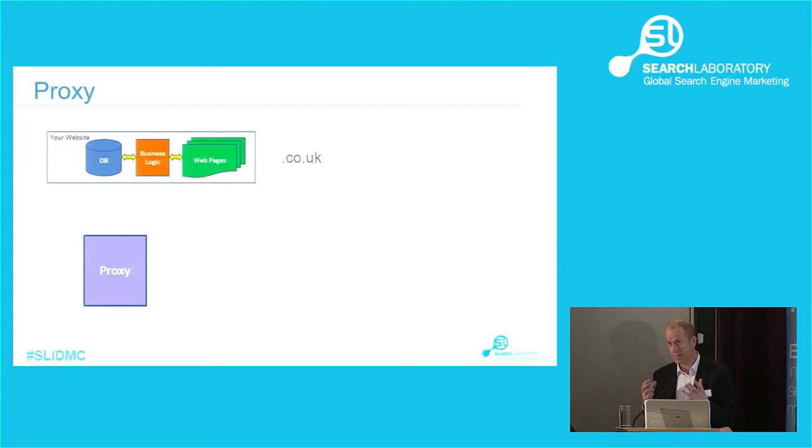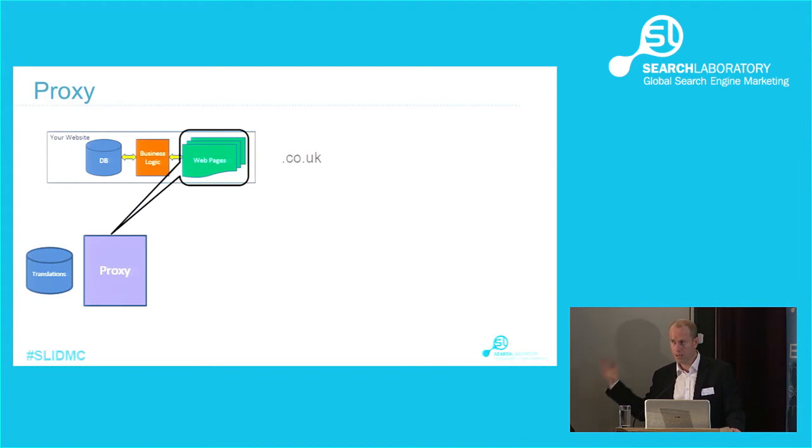This is a technology piece, and what that does is it goes off to your website and it scrapes all the pages. It spiders the site a bit like Google would, and it scrapes all the pages and extracts all the translatable content off those pages. So it's a clever system, spiders it, scrapes it, and then sends that off for translation.